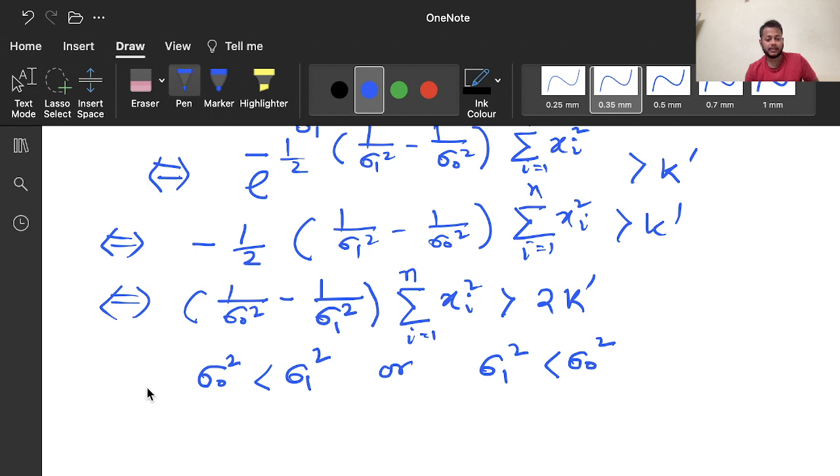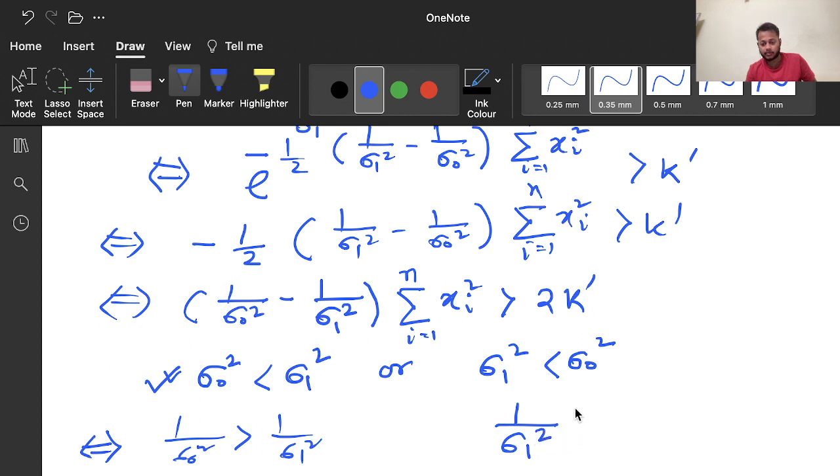Suppose this condition is here, that means 1 by sigma 0 square will be greater than 1 by sigma 1 square, so this is positive, the relation will be same. And if 1 by sigma 1 square is greater than 1 by sigma 0 square, this is a negative quantity.